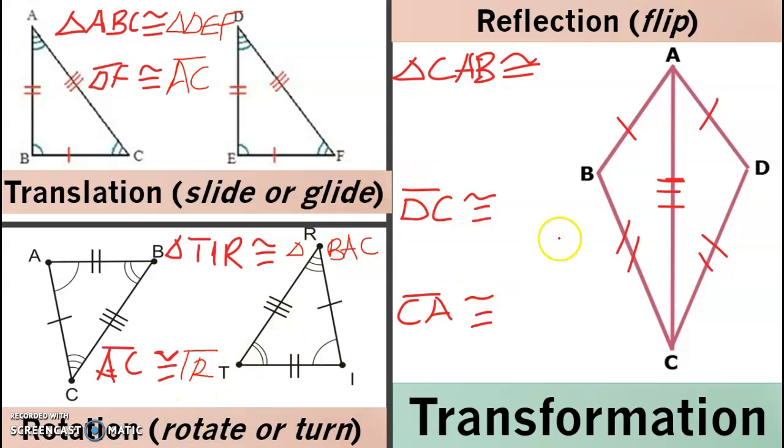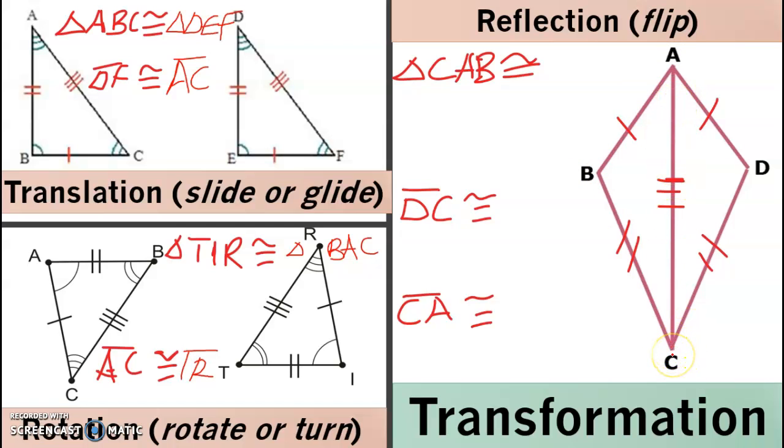Now, come to reflection. This has been reflected over line segment AC. So you see the exact same triangle, identical. So see the triangle CAB. You see there, the two triangles share this line.